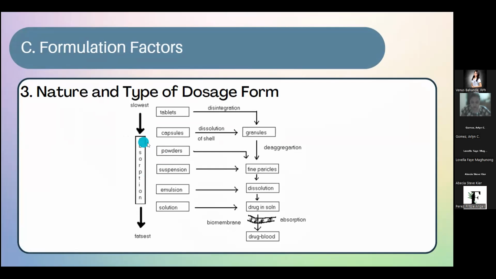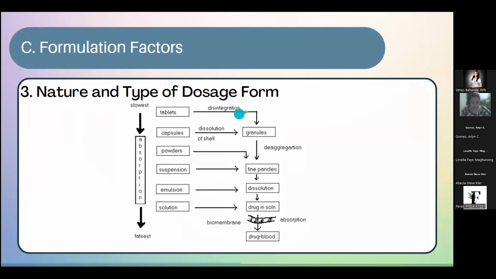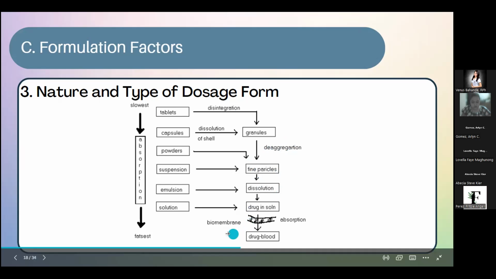And next formulation factor is the nature and type of dosage form. In this figure, we can see absorption from the slowest up to the fastest. Your tablets will undergo disintegration, then become granules. Then they undergo aggregation to become fine particles, then dissolution, becoming drug in a solution before being absorbed across the biomembrane.